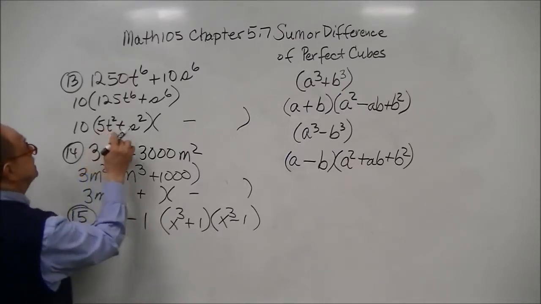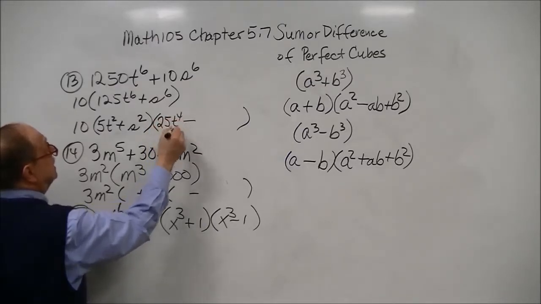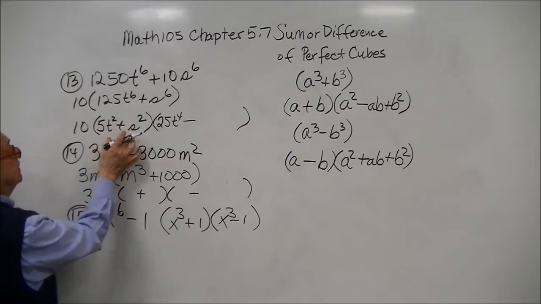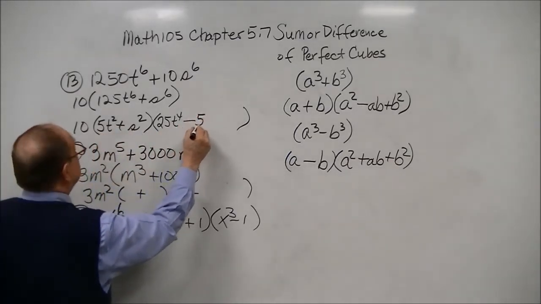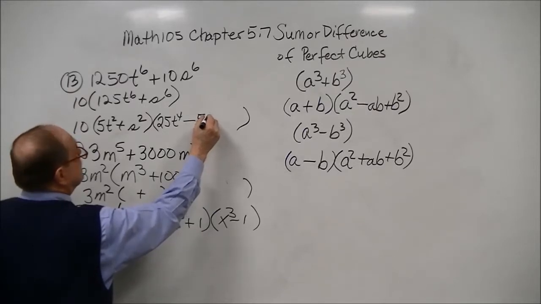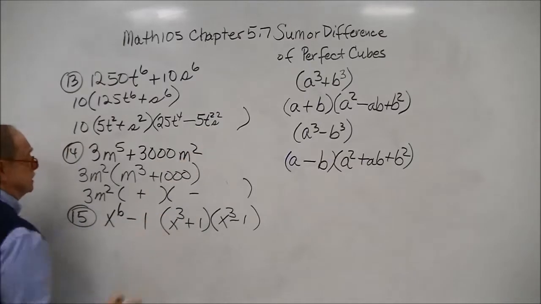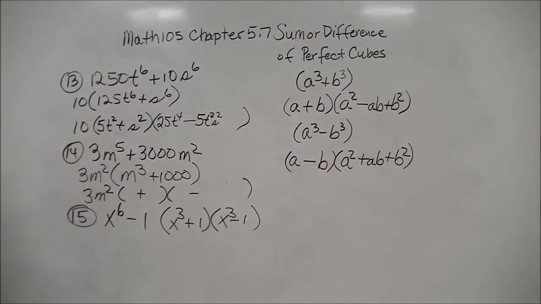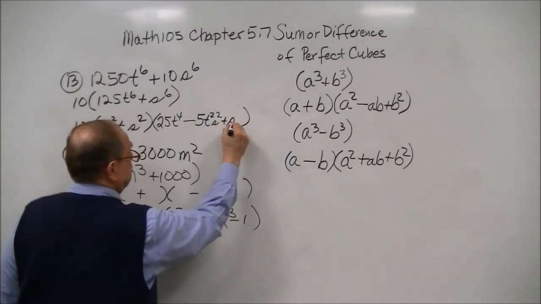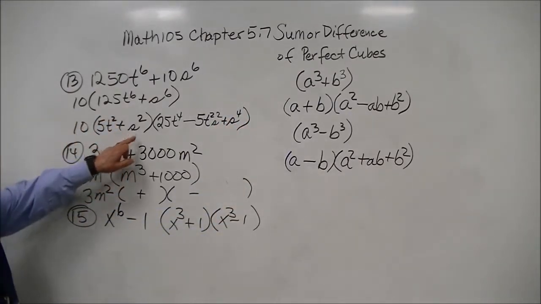Now we square this and get 25 t to the fourth. Multiply these two together, and we get 5 t squared s squared. And you could have the order of this reversed. That would be okay. And then s to the fourth. That is, we're squaring that term.